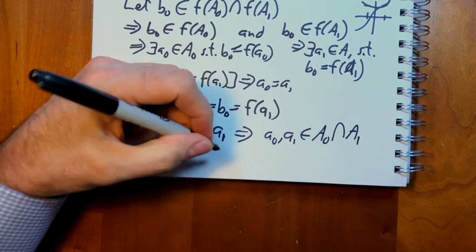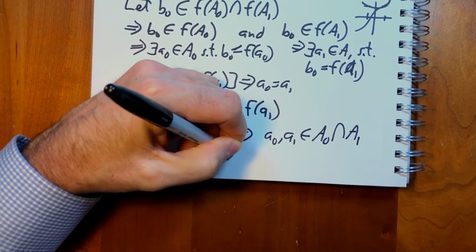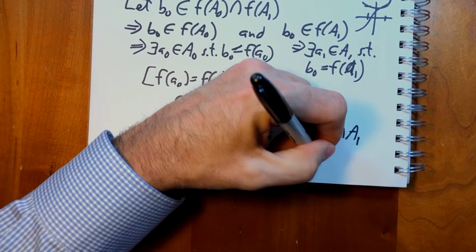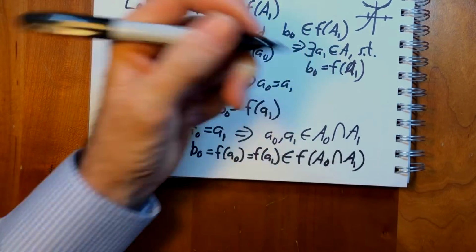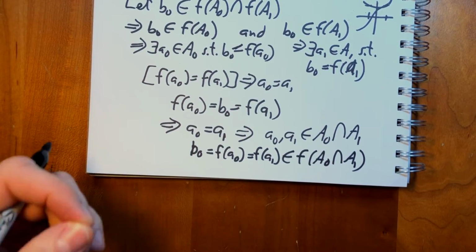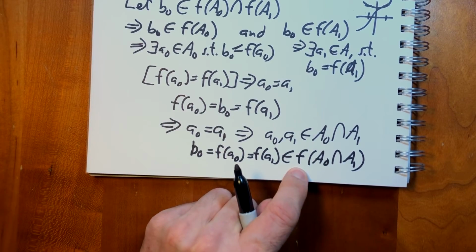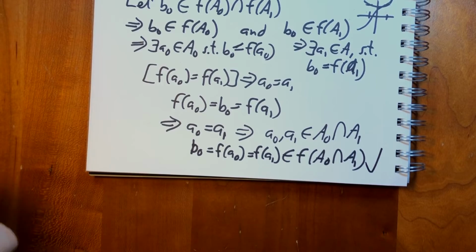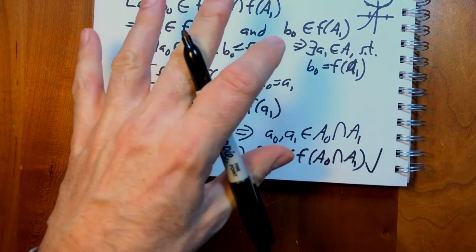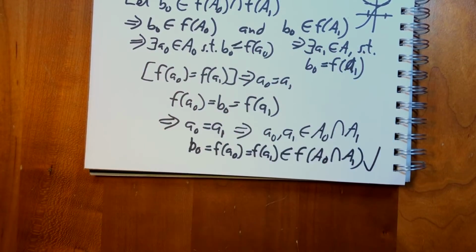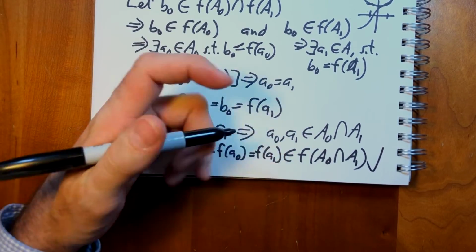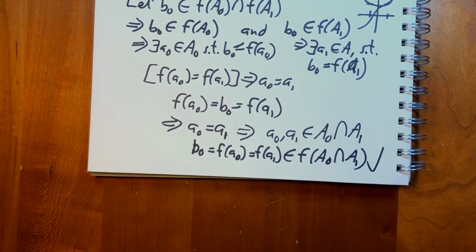And therefore, b0 equals f of a0 equals f of a1 is an element of the image of the intersection of A0 and A1. So injectivity guarantees that the image of a subset preserves intersections as well. We won't bother to do set difference, but it's the same thing: you're going to need injectivity in order to prove the second inclusion.